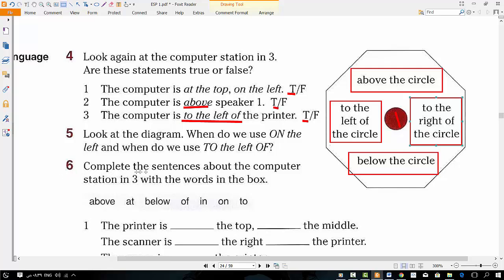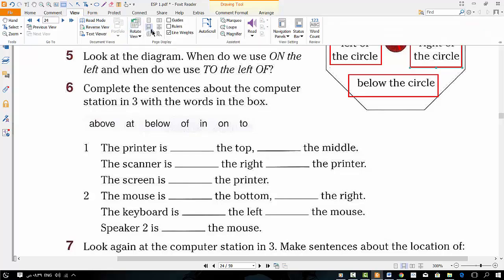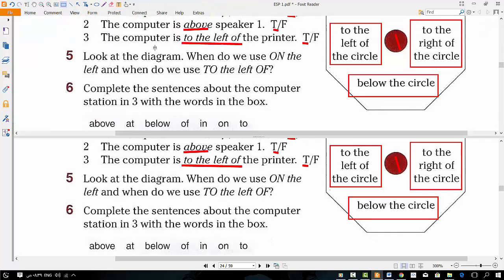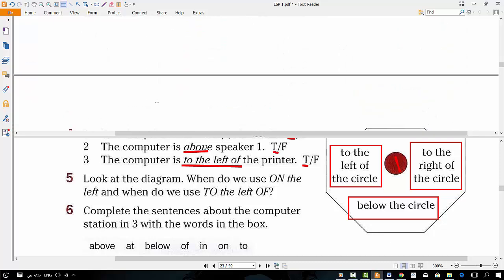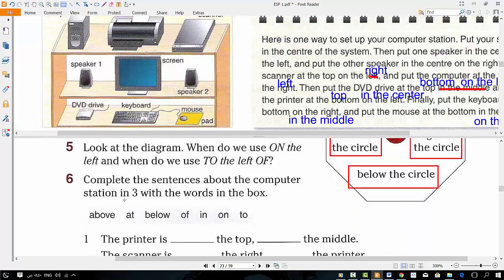Exercise 6. Complete the sentences about the computer station in 3 with the words in the box. Okay, look at the picture. Let's see.